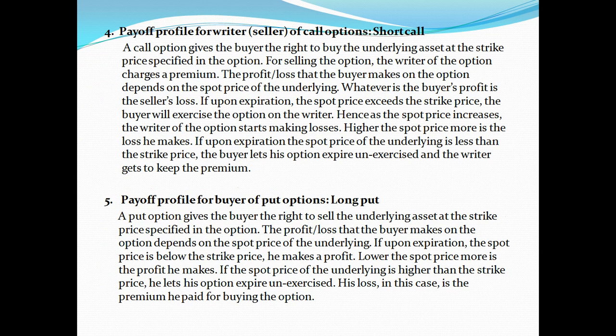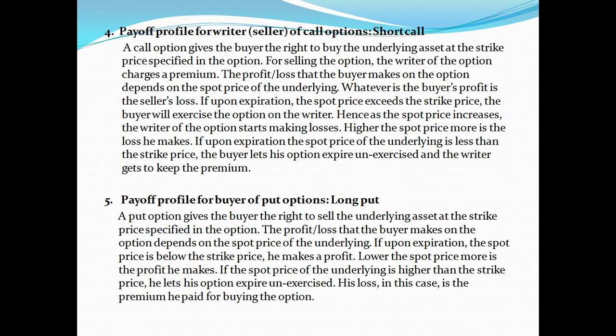Payoff profile for the writer or seller of call option, short call. A call option gives the buyer the right to buy the underlying asset at the strike price specified in the option. For selling the option, the writer of the option charges a premium. The profit and loss that the seller makes on the option depend upon the spot price of the underlying. Whatever is the buyer's profit is the seller's loss.